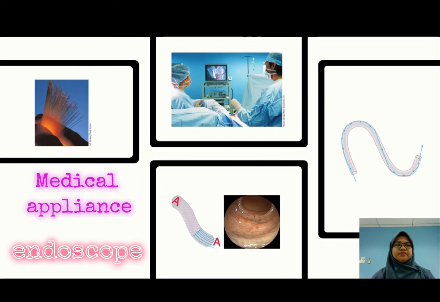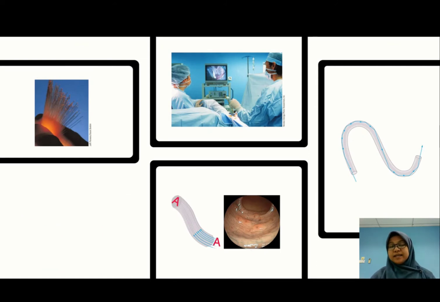Fiber optics, just now we talked about the illumination. This illuminated area might be a person's stomach or a heart or intestine, for example. So these are used in medical applications, just like you see now on the screen. The doctor is explaining to the patient. It uses an endoscope, which is put into the body.